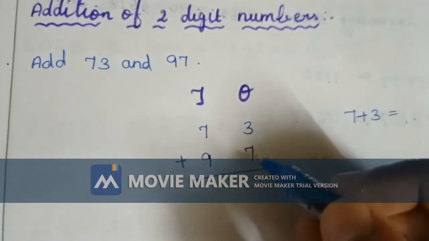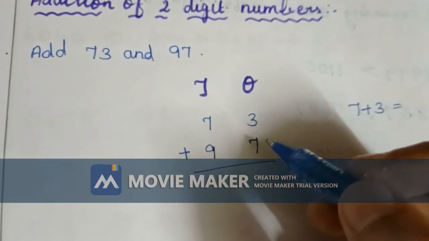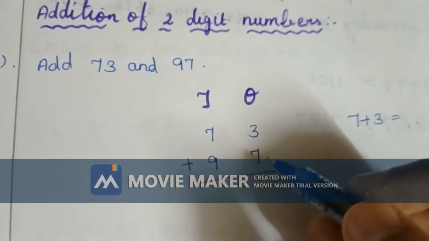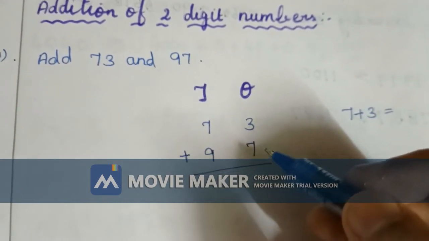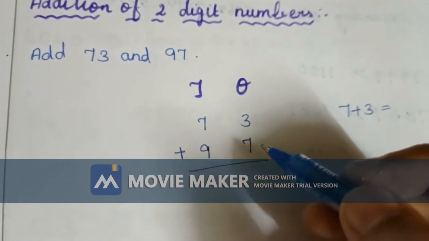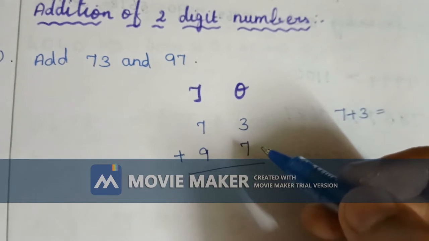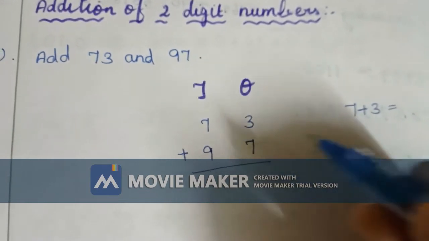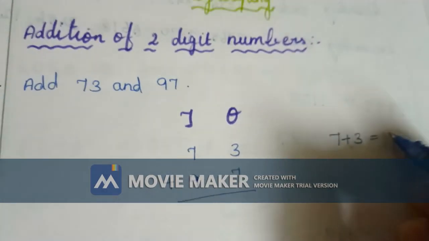In 7 and 3, which one is the bigger number? Yes, 7 is the bigger number. So keep 7 in mind and take the smaller number on your fingers. Take 3 on your fingers and add. 7, after that 8, 9 and 10.